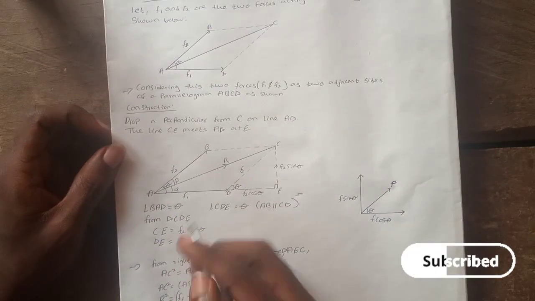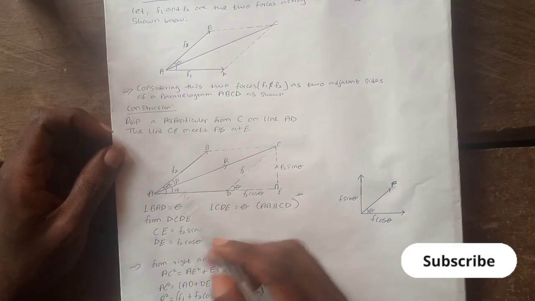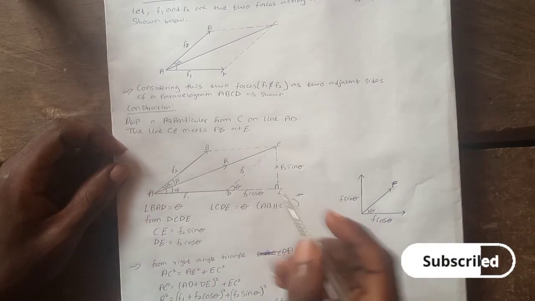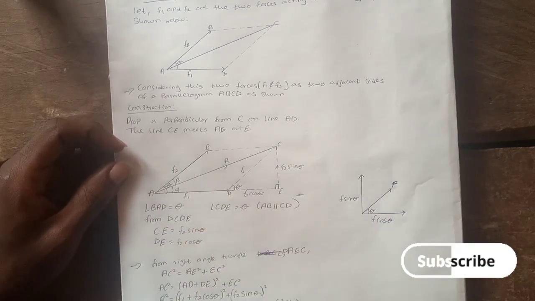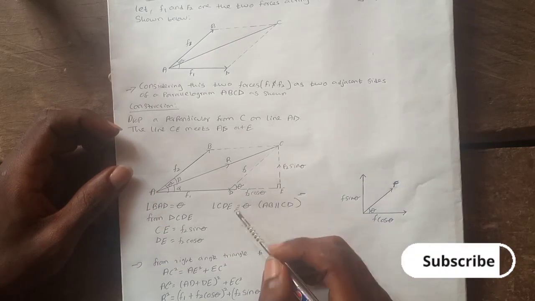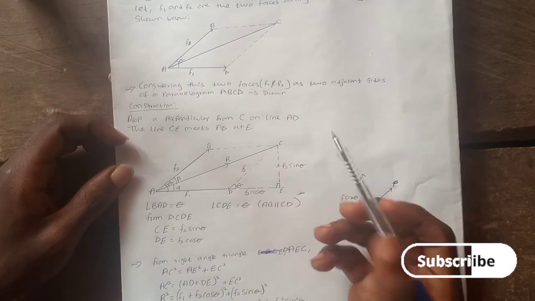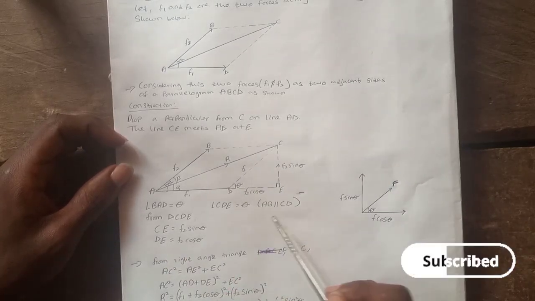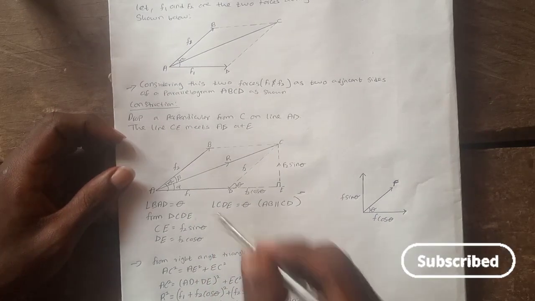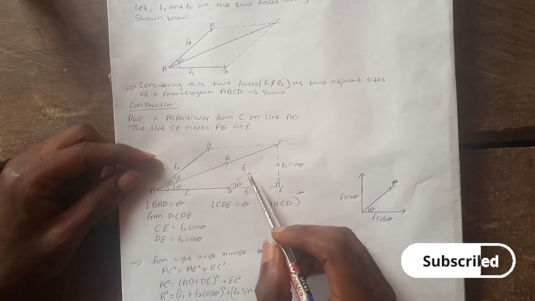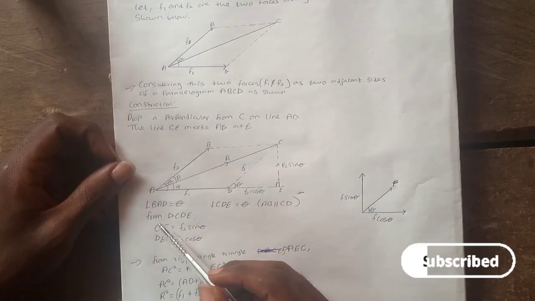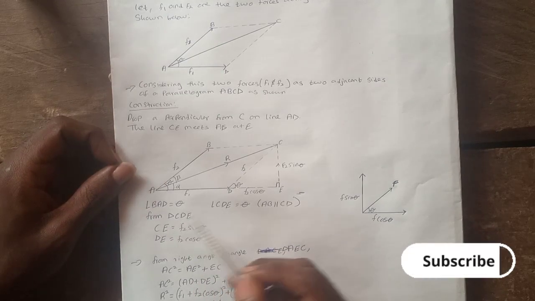So the angle BAD is equal to theta. Then likewise the angle CDE is also theta. Why? Because AB and CD are parallel to each other, so that's why. And this one is F2 and this one too is F2 because they are parallel to each other.